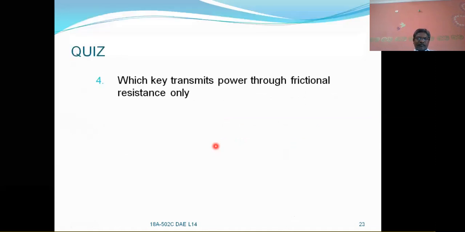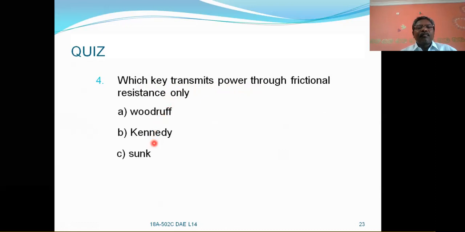Right? So next is, which key transmits power through frictional resistance only? One type of key is mainly used when there is friction between the shaft and key itself. Woodruff key is wrong. Kennedy key, sunk key, saddle key. Which is the right answer? Sunk key has keyway in both the shafts, and Woodruff key is different.